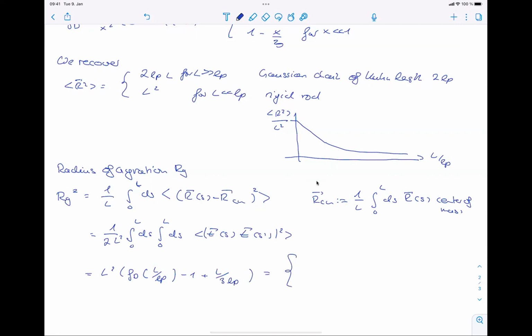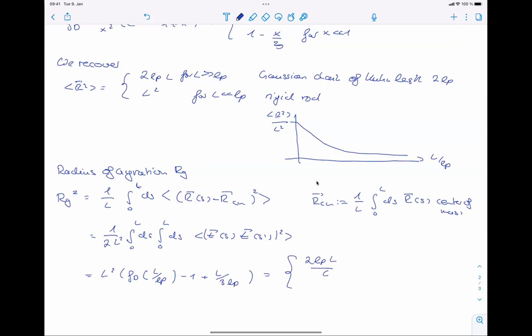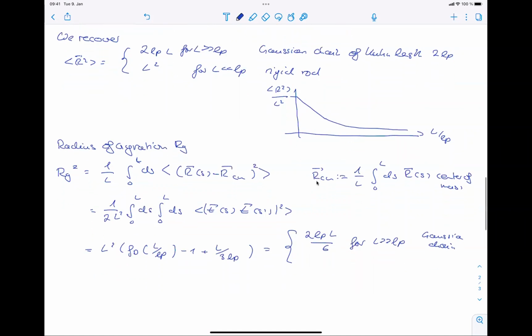And then in the two limiting cases, this tells me that for the Gaussian chain, roughly the square diameter of my mass globule scales linearly with persistence length and the total length of the polymer, but in the rod limit it is really proportional to the length of the system only.